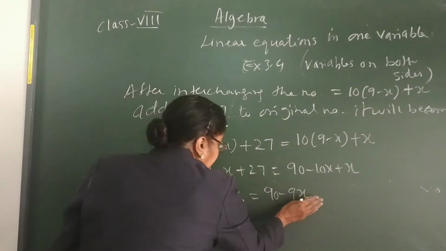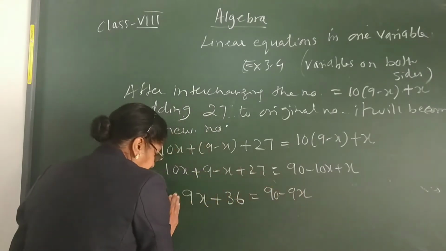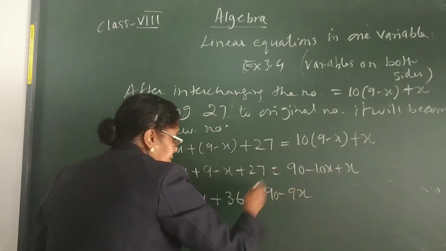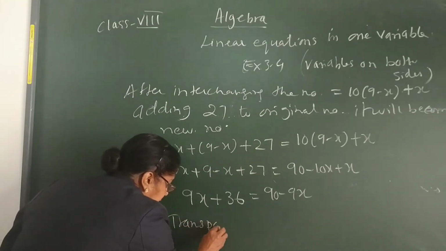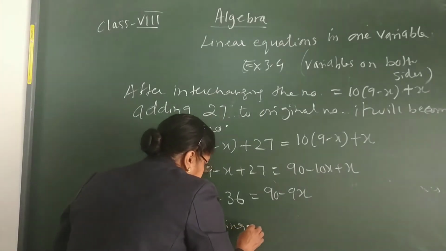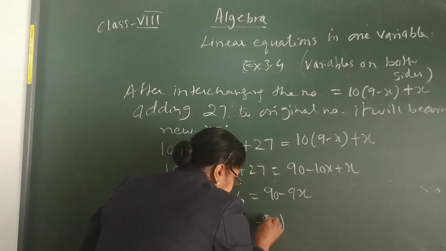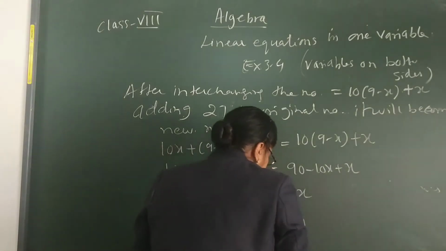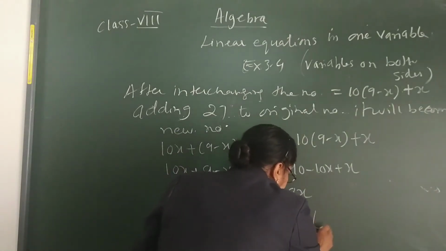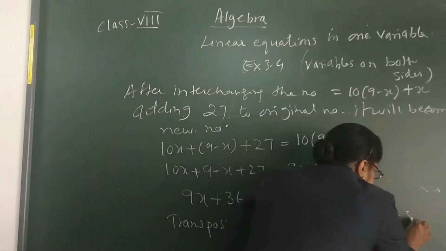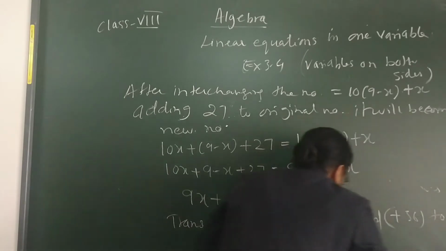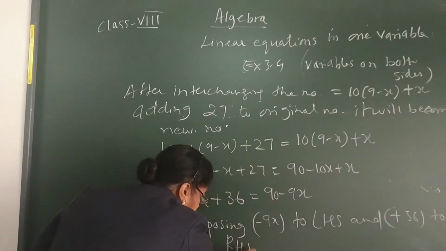So I am going to take 9x to the left hand side and 36 to the right hand side. So transposing minus 9x to LHS and plus 36 to RHS. So what shall I get now?